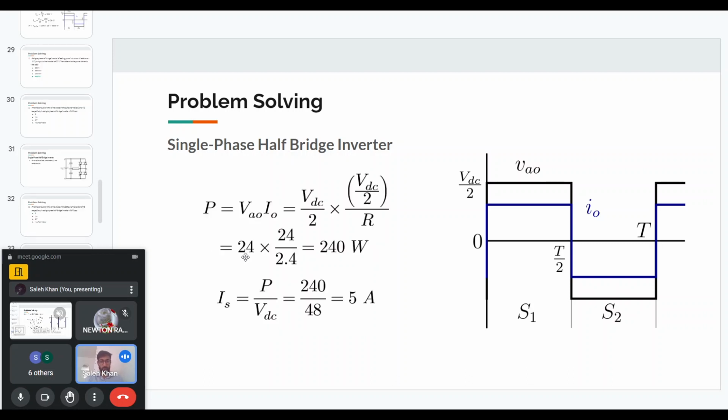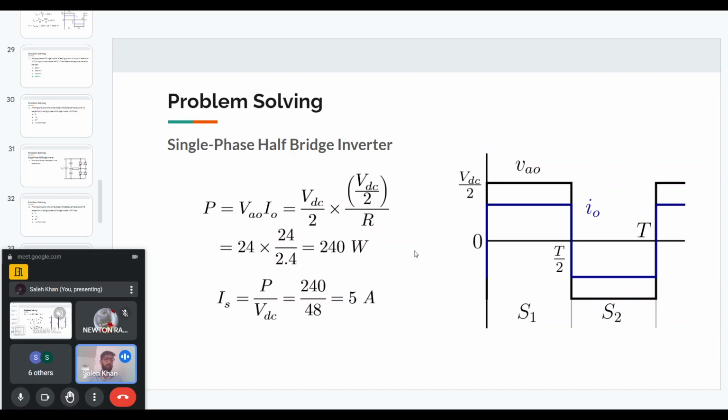To find the power that is given to the load, we can just multiply VAO by IO. VAO in this case will be VDC by 2, and the current is VDC by 2 divided by the resistance. So we will get a power of 240 watts. That is the power given to the load, and it must be supplied by the source.